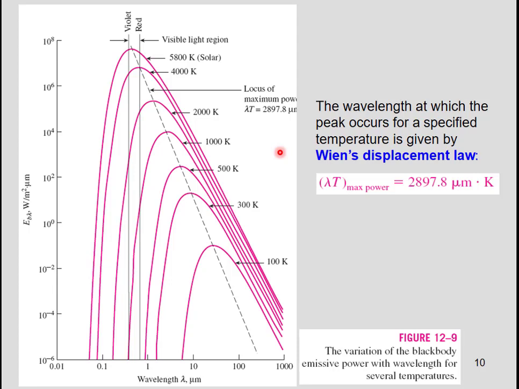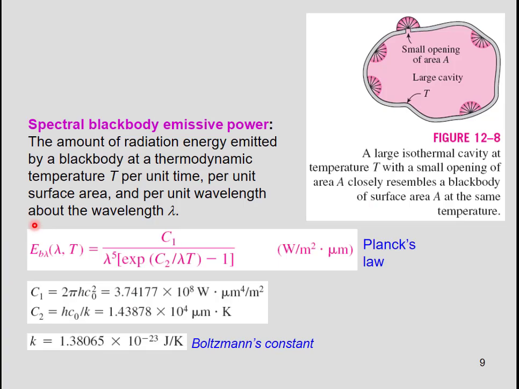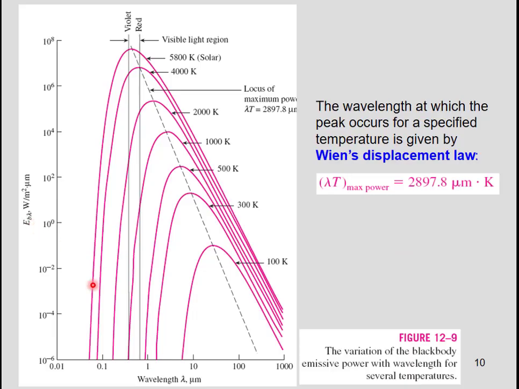Then if we want to draw a graph to know the relationship between the spectral black body emissive power E b lambda and the wavelengths of the electromagnetic waves for different temperatures, as you can see here, 100 Kelvin, 300 Kelvin, it will be something like this.